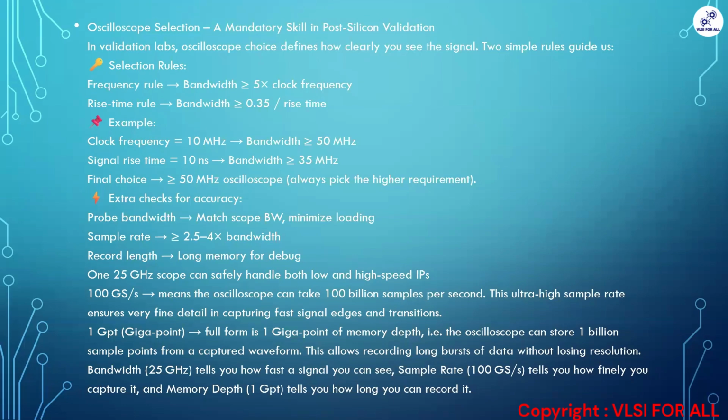So we'll basically have two rules to select the oscilloscope. One is the frequency rule and another one is the rise time rule. The frequency rule is bandwidth greater than or equal to 5 times the clock frequency. For example, if you have a 5 gigahertz clock frequency, then you have to select a bandwidth of 5 into 5, so it will be a 25 gigahertz bandwidth oscilloscope.